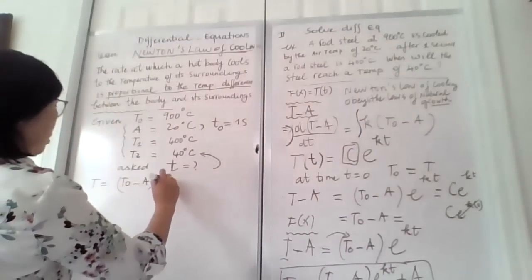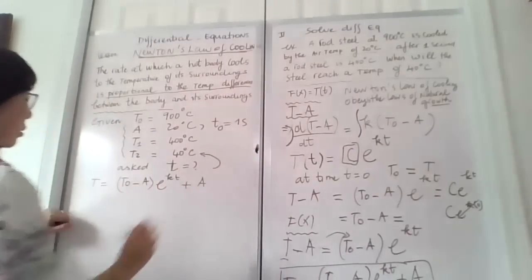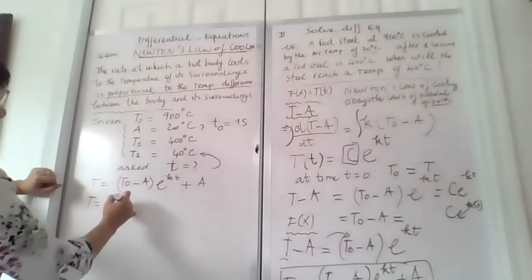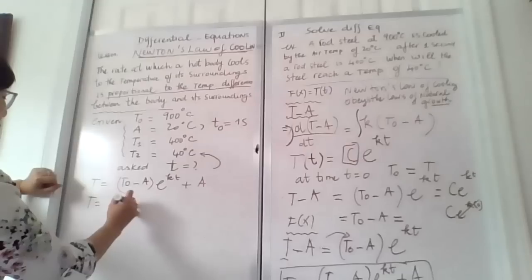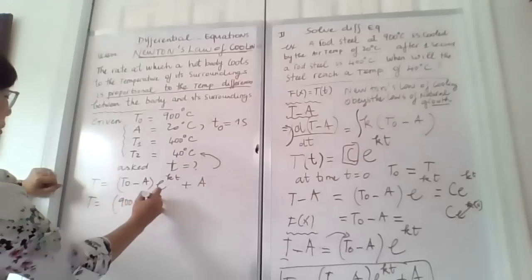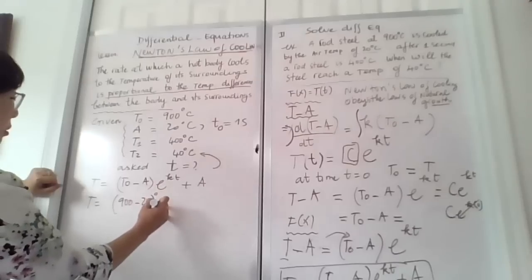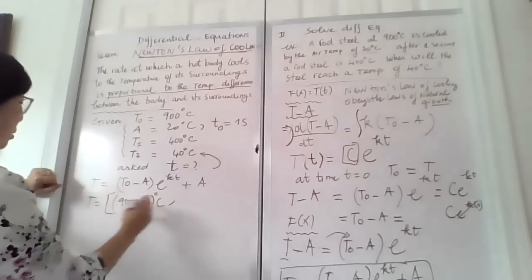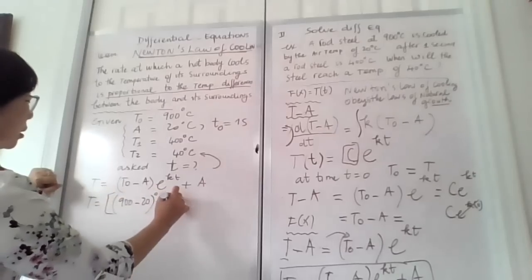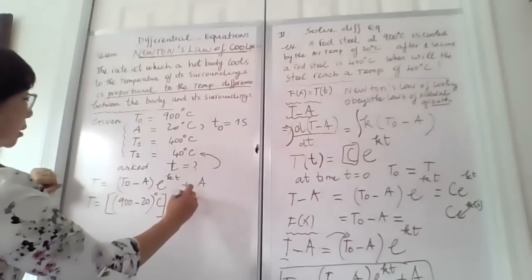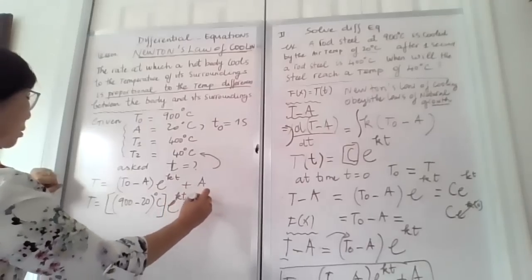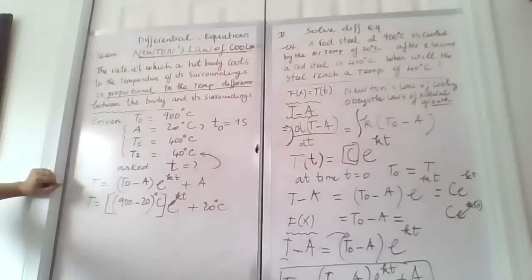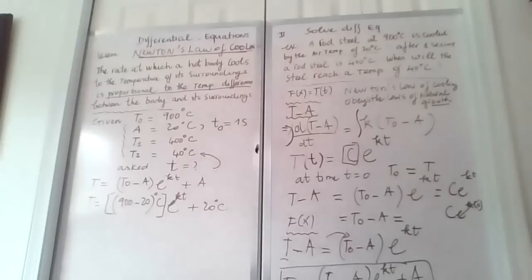So we have T equal our T0, which is 900, minus the air temperature, 20 degrees Celsius, times e^(kt), plus the original surrounding air temperature. So that is our equation.